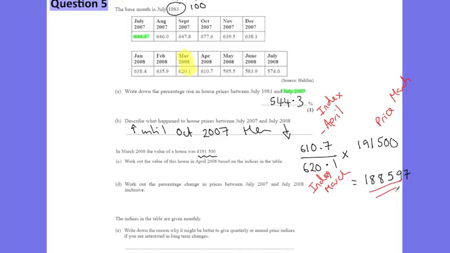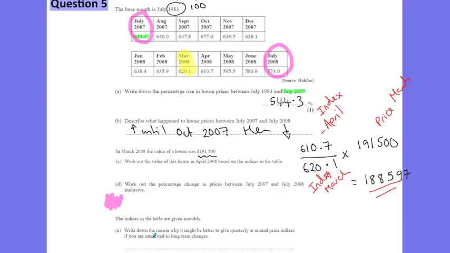We're then asked to work out the percentage change in prices between July 2007 and July 2008. So the two values we're looking at in the table are July 2007, the original, and July 2008.